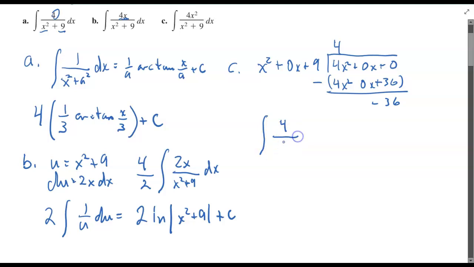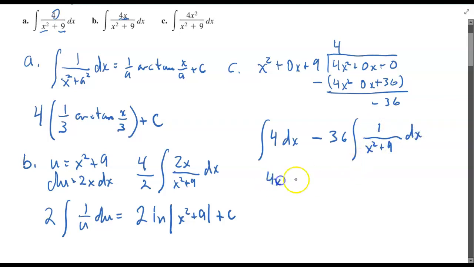And so that integral now becomes, no, wait a minute, my mistake. It becomes the integral of 4 dx minus 36 times the integral of 1 over x squared plus 9 dx. This is 4x.